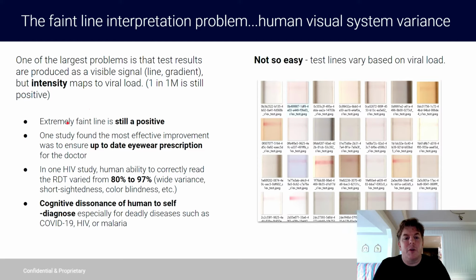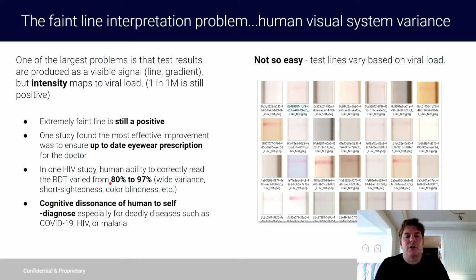Some of the studies that have come out on this, one study actually found that the most effective improvement for improving RDT accuracy was not actually improving the chemistry itself. It was ensuring that the doctor or person reading actually had an up-to-date eyewear prescription, preferably within the past 6 months. Similarly, an HIV study showed that the human ability to correctly read the HIV RDT varied pretty widely, 80 to 97%.